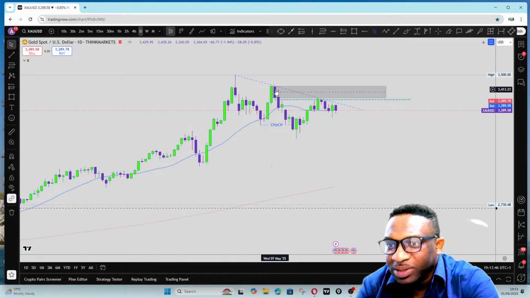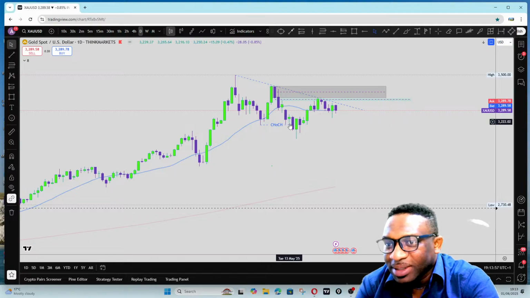Taking these three candles, 1, 2, 3, we can see that there was a gap left as price traded down here.